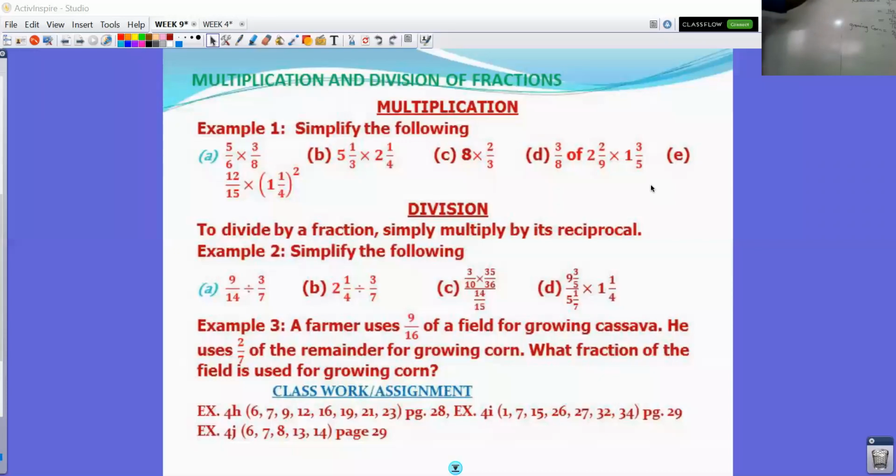So 7 will cut out 7, 2 here 1, 2 here 8. My final answer is y/8, which is the same thing as 1/8 of y. So the fraction for growing corn equals 1/8. That is the answer.